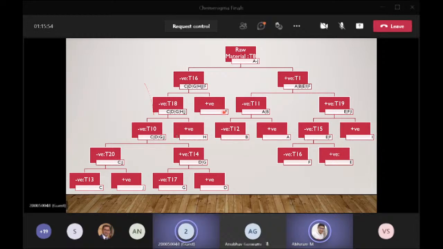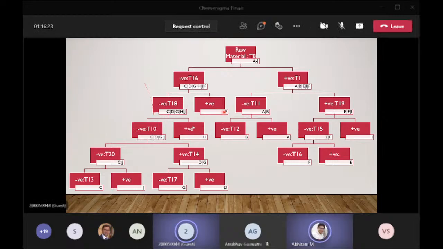One of the main criteria for me to decide the first test was that it should have as many determinants as possible. So I went with 8 because it seemed like a compromise with T1, and because it split it in half and it had only one indeterminate. See, T1 has no indeterminates, but it doesn't split it into half. It's like 8 and 2. So that's not very helpful.